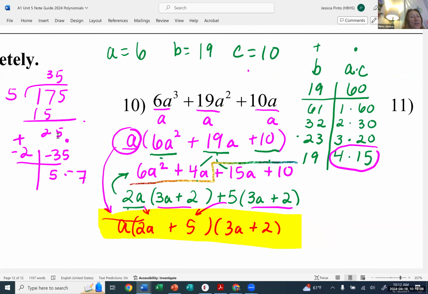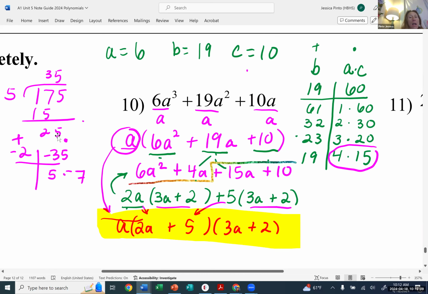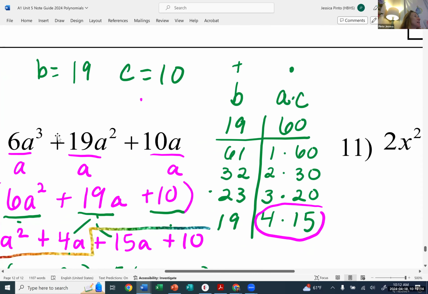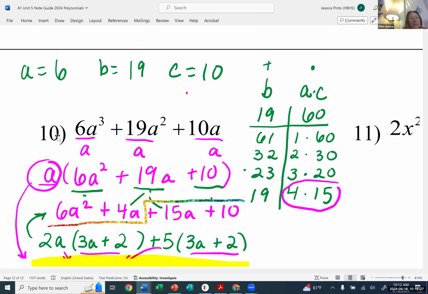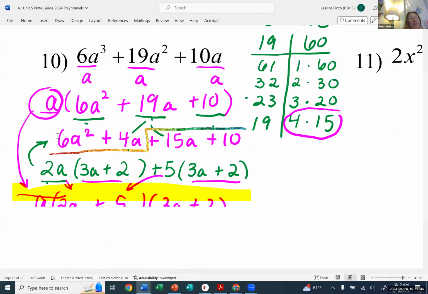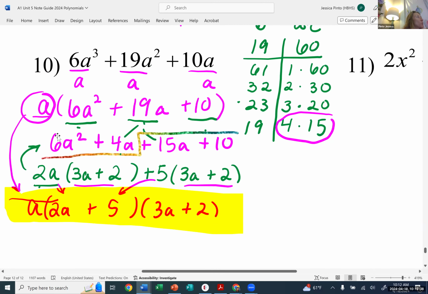We found the numbers that represented A, B, and C. We used those numbers to make this chart with B and the product of A and C. We went down the line to find the factor pairs until we found the combination that added up to make B. Once we found that combination of 4 and 15, we replaced 19 with those two numbers. Then we drew our staircase. We factored out the GCF from each half. Because the binomials matched, we knew that we had not yet made a mistake, and we wrote our final answer in factored form.